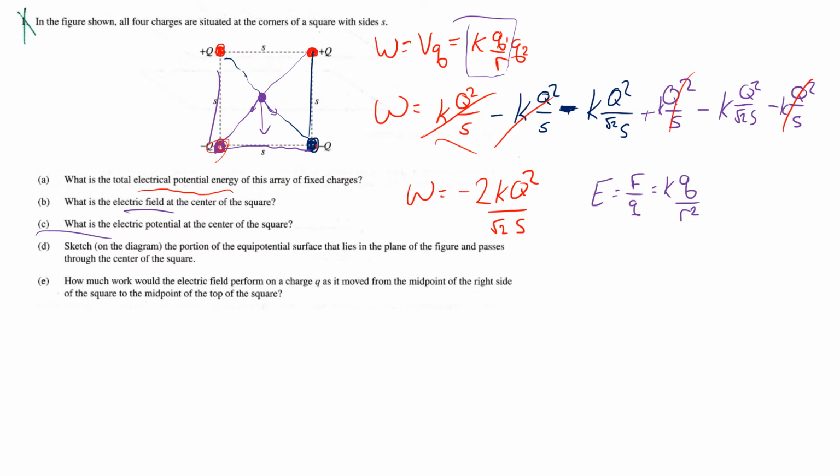Ta-da! So we're going to add 4 of these up because there's 4 charges there. For your first one, let's factor out the K so we don't have to worry about it each time. So we're going to have a Q divided by this distance right here. What's this distance going to be? It's going to be root 2 over 2 S.